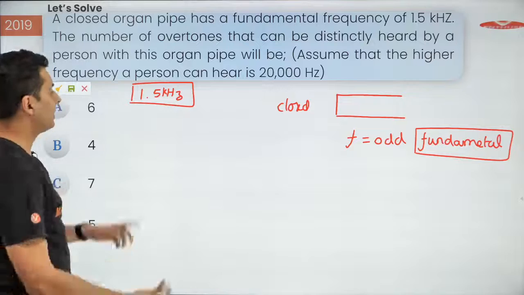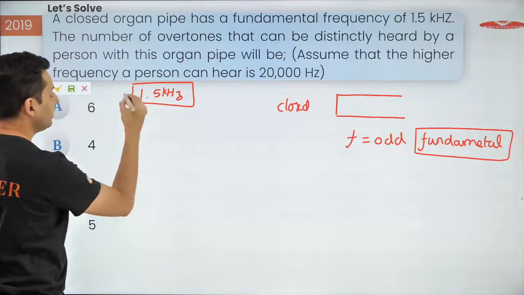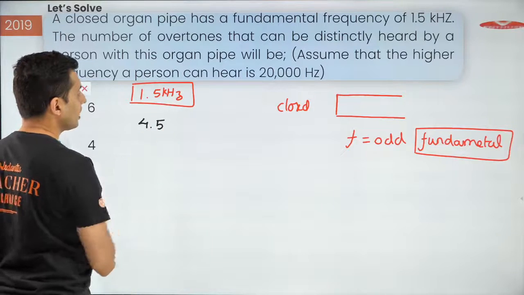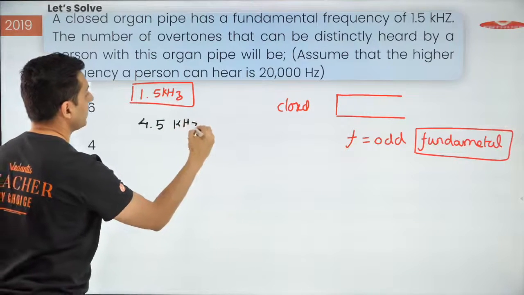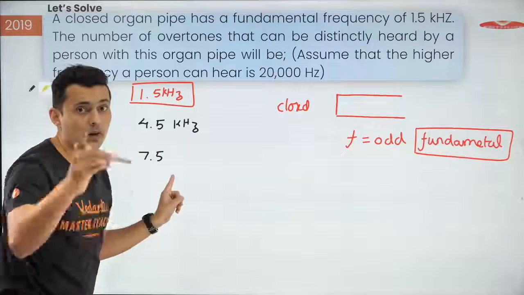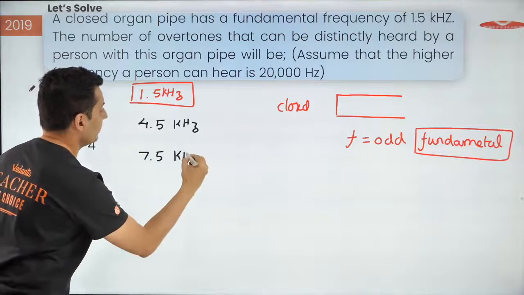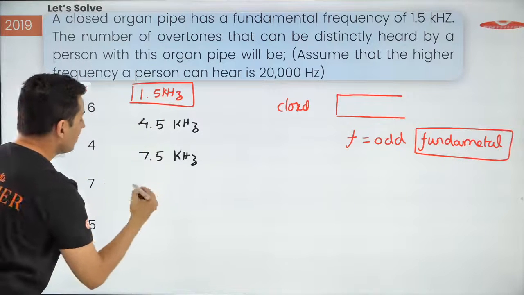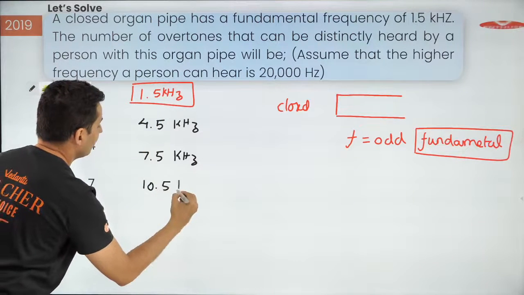So what is above this? 3 times that will be 4.5. Next frequency, think about it. After 4.5, what will it be? 7.5, 5 times 1.5. 7.5 kilohertz. Next, 7 times that. That will be nothing but 10.5 kilohertz.